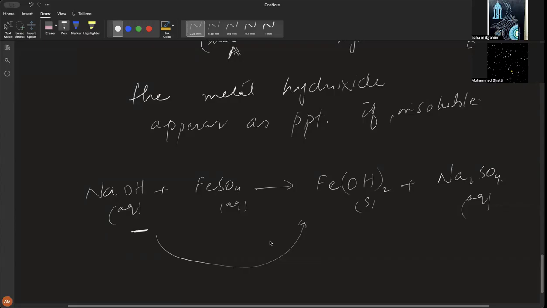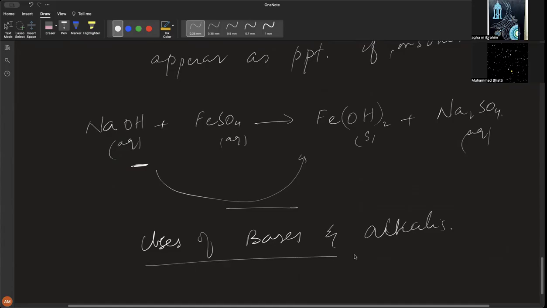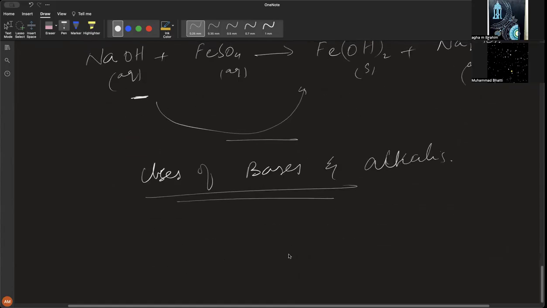All right. The next important point that you're going to have a lot of MCQs around, generally 2 markers, 3 markers: uses of bases and alkalis.